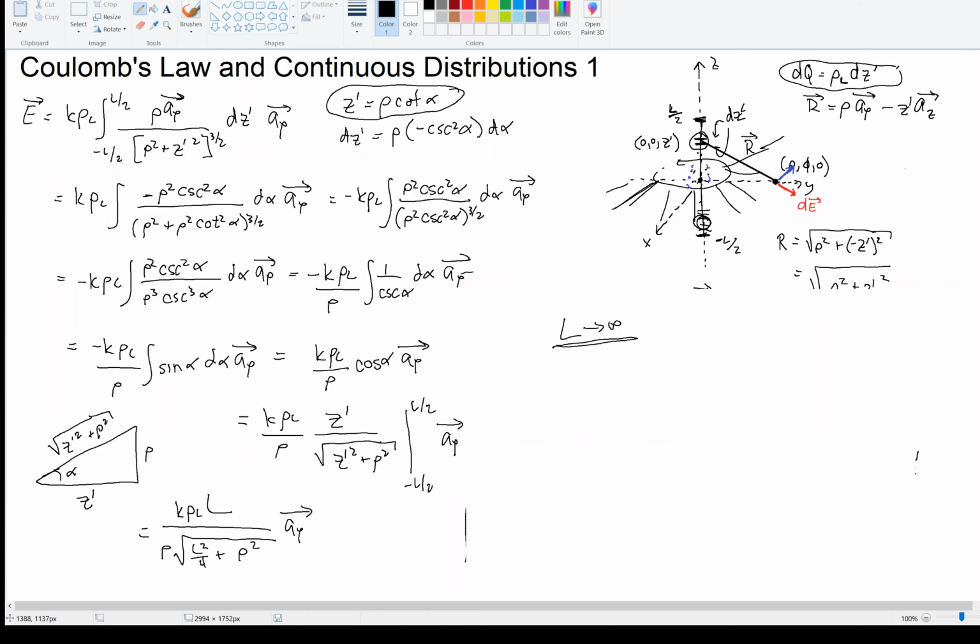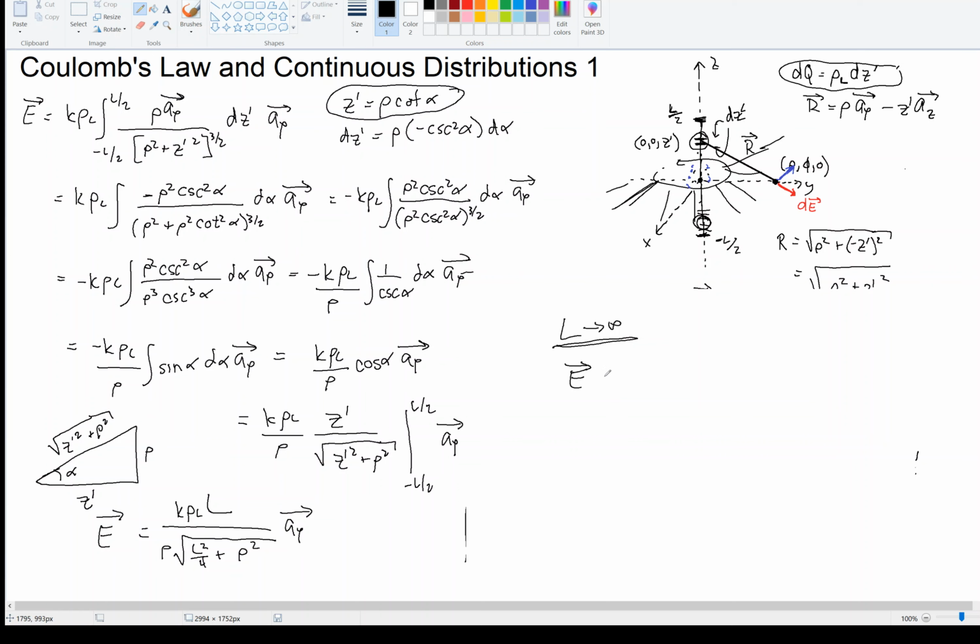All right, so in that case, it's useful to consider this limit as L goes to infinity. So what is this thing? This is the electric field. What does that do as L goes to infinity? Well, when I add rho squared to something that's infinity, that doesn't have any effect. So the L squared over 4 can come out of the square root and become L over 2, excuse me, and the L's cancel, and so then I have that 2 that will come up to the numerator.